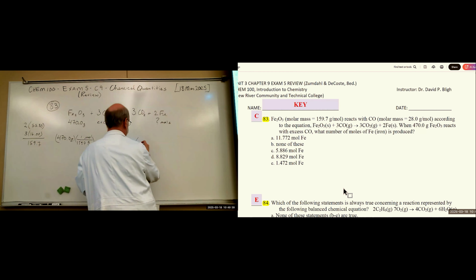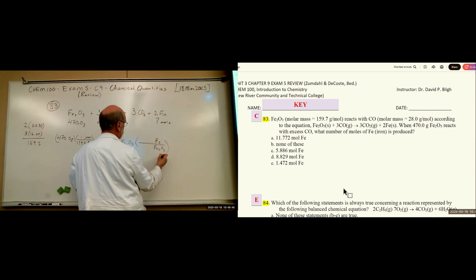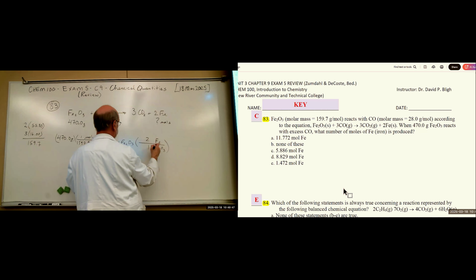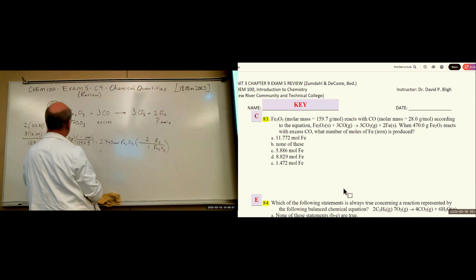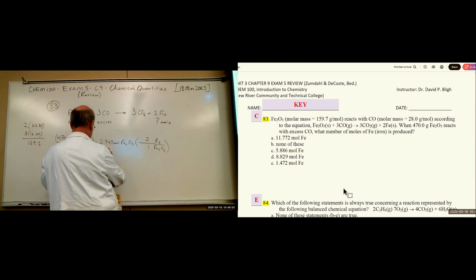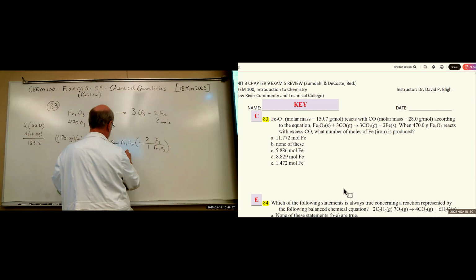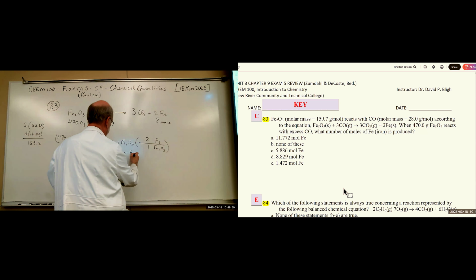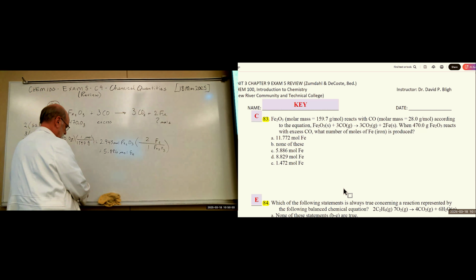Now we need to convert to moles of iron. So iron's on top, Fe2O3 on the bottom, which is 1 and 2. Rounded to 4 significant figures, 5.886 moles of iron. That would be C.